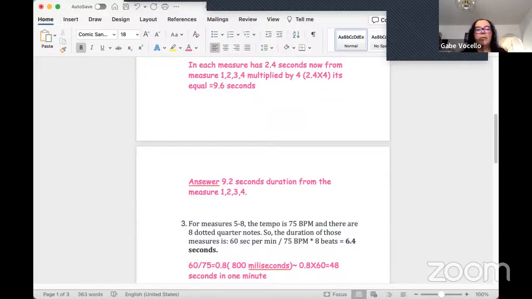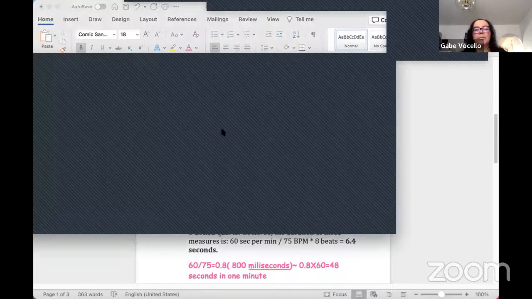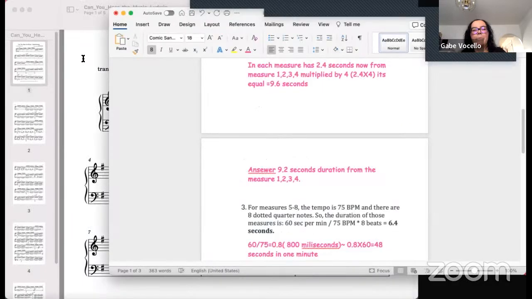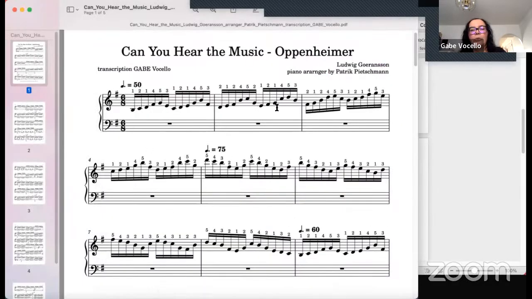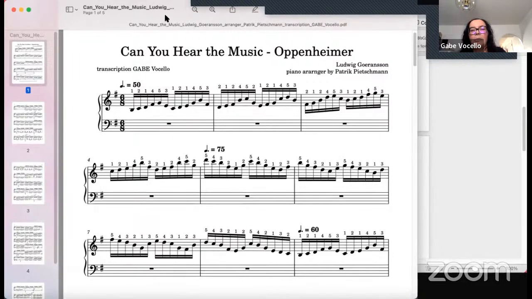Let me just find the file here. Yes, I found it, okay. So measures 1, 2, 3, 4, where the BPM is equal to 50. How do I find it? Let me write again here.